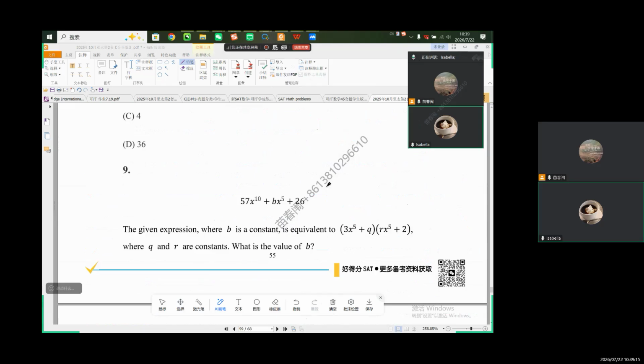B is a constant, which is equivalent to this, and Q and R are constants.